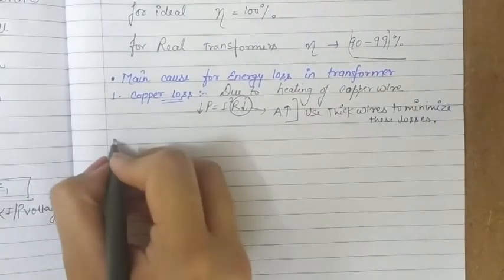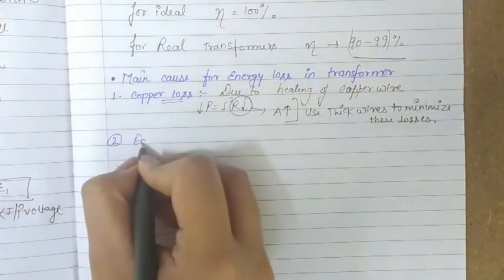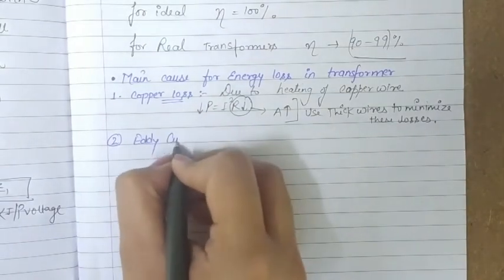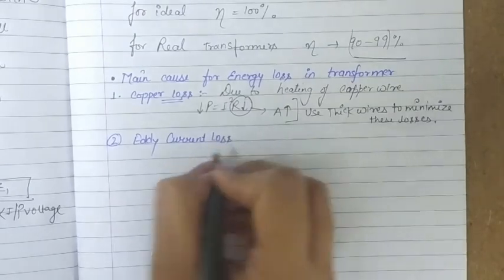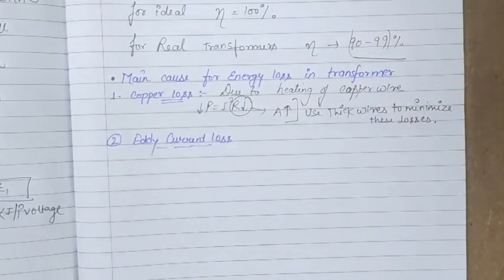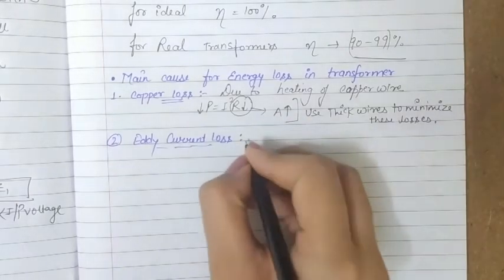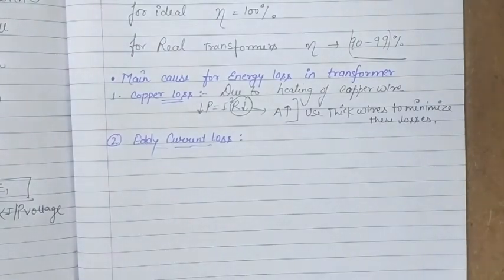Second is the eddy current losses. Now eddy current loss is due to the alternating magnetic flux which induces eddy current in the iron core, and to minimize this loss we use laminated core in the transformer.